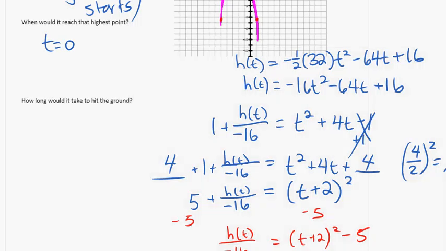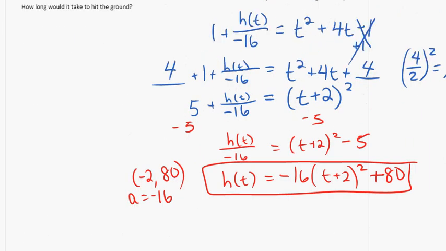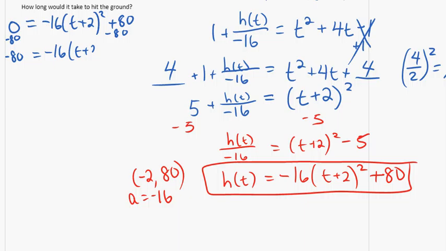So our vertex form was negative 16 quantity t plus 2 squared plus 80. And I'm going to solve when it hits the ground, which is when height equals 0. So 0 equals negative 16 t plus 2 quantity squared plus 80. So now I subtract 80 from both sides. Negative 80 equals negative 16 t plus 2 quantity squared.